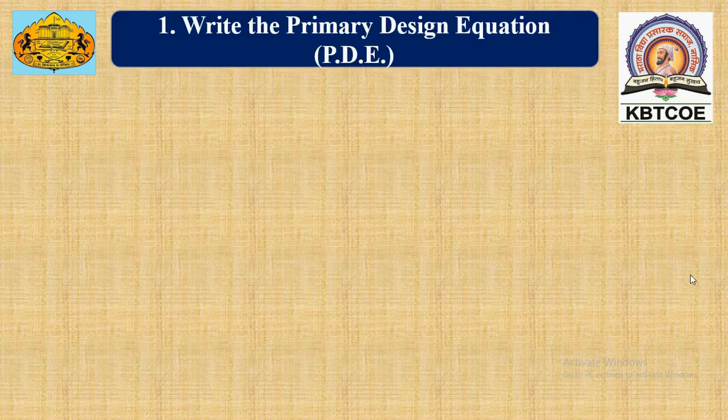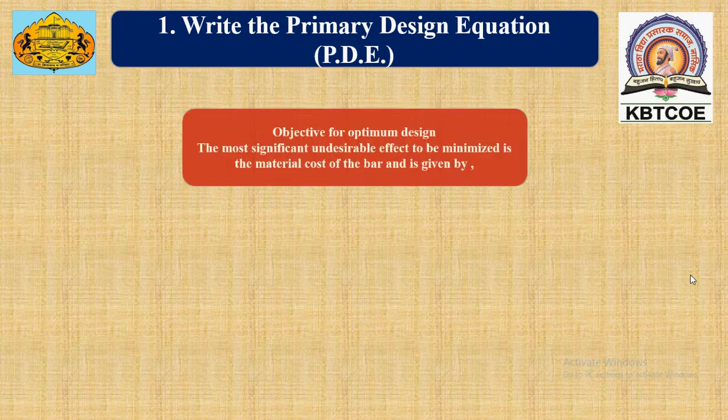Now first write the primary design equation, that is PDE. Whatever the objective of the problem is, from that objective write down the primary design equation. In this example we have to minimize the cost of the material.